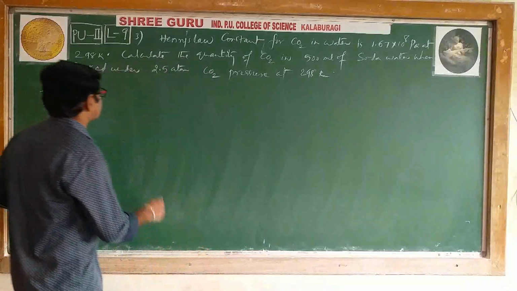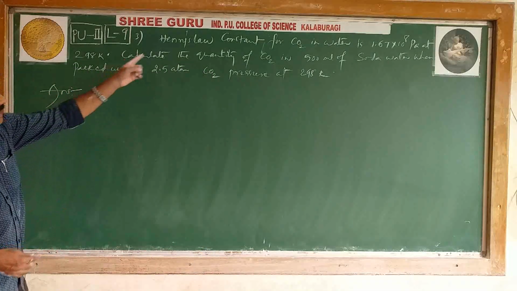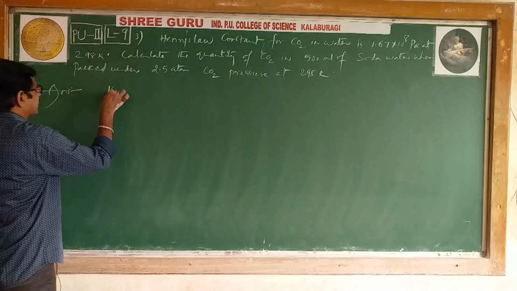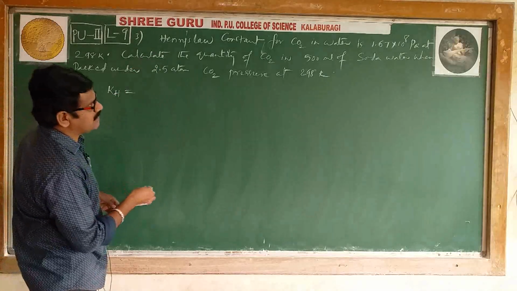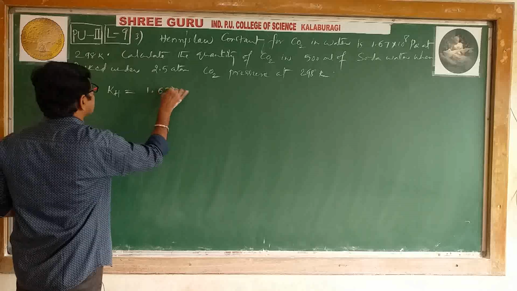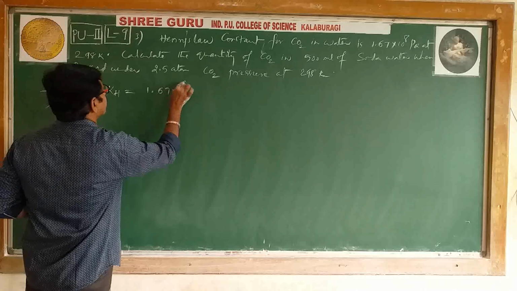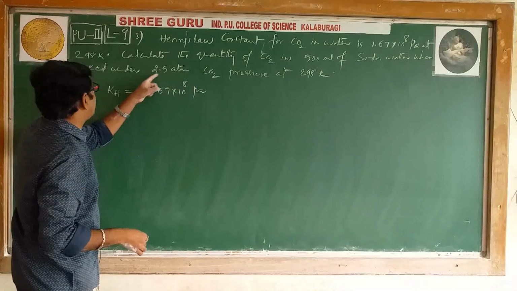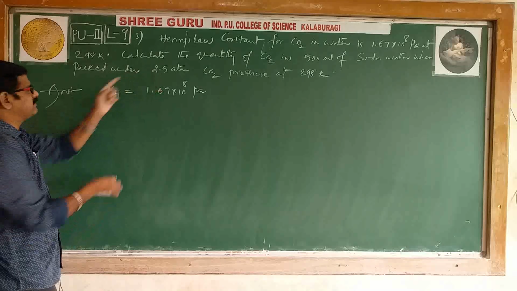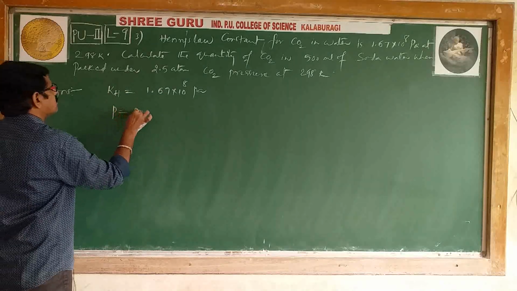First we'll write the information. What has he given? Henry's law constant KH has been given. How much? 1.67 into 10 to the power of 8 Pascal. And next, packed under 2.5 atmospheres pressure.